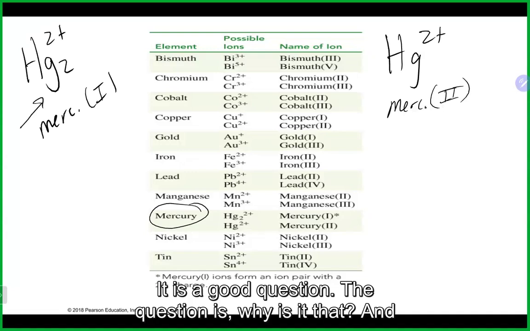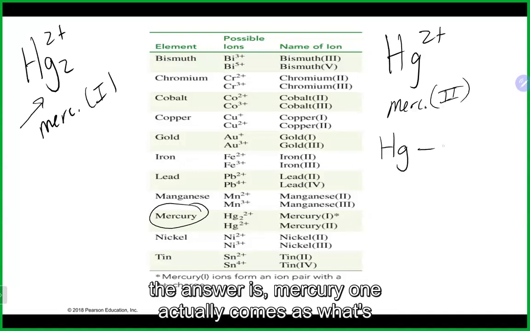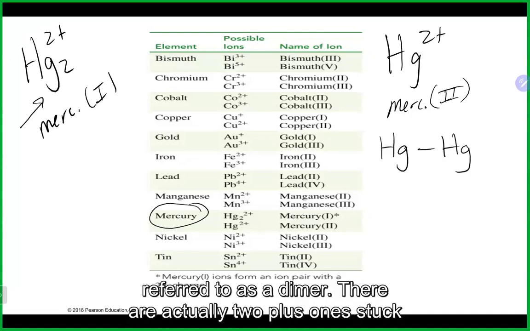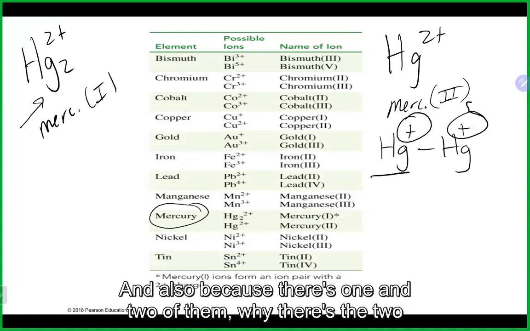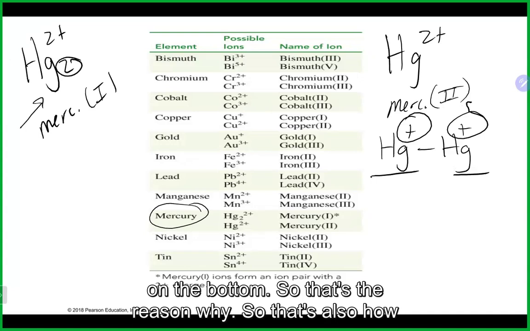It is a good question. The question is, why is it that? And the answer is mercury 1 actually comes as what's referred to as a dimer. There are actually 2 plus 1s stuck together, which is why there is an overall charge of +2, and also because there's 1 and 2 of them, why there's the 2 on the bottom.